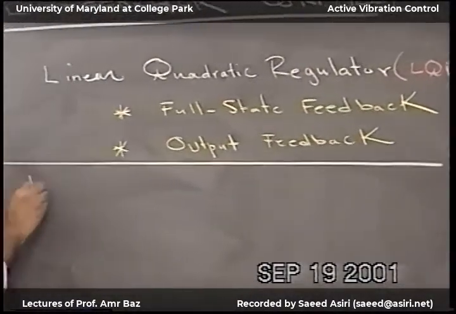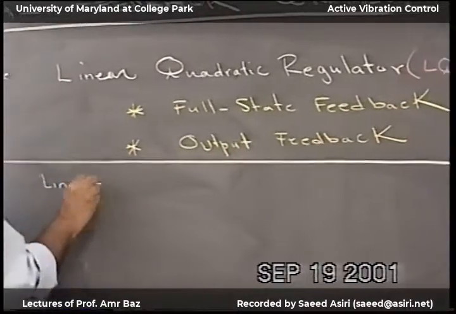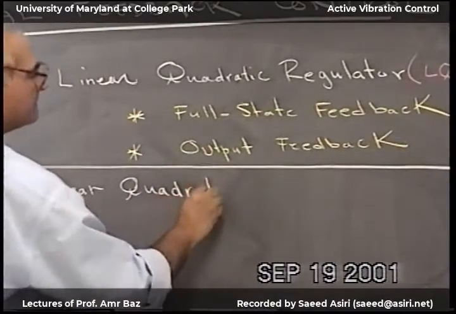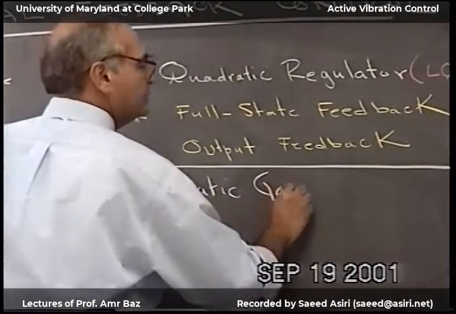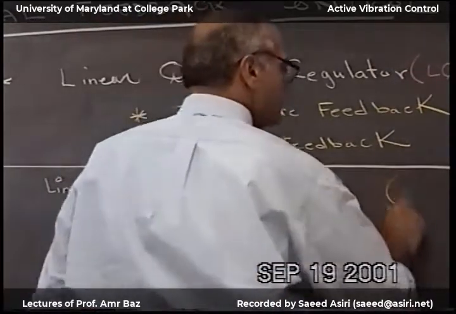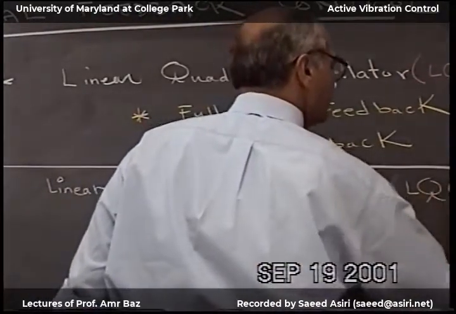And then I will do the linear quadratic Gaussian, and this is called LQG.